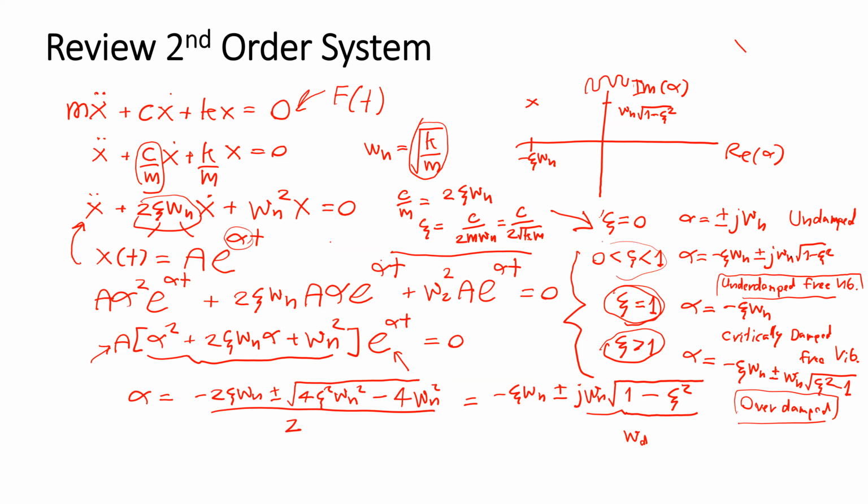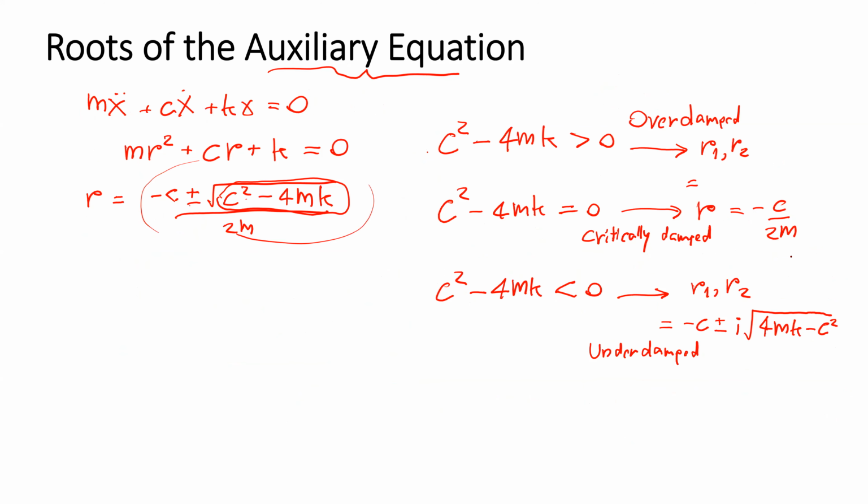But before going on, we're going to look at these terms. We can see that the term C squared minus 4mk is important. It can tell us whether the system is going to be overdamped, critically damped, or underdamped. We have a parameter called the critical damping coefficient.